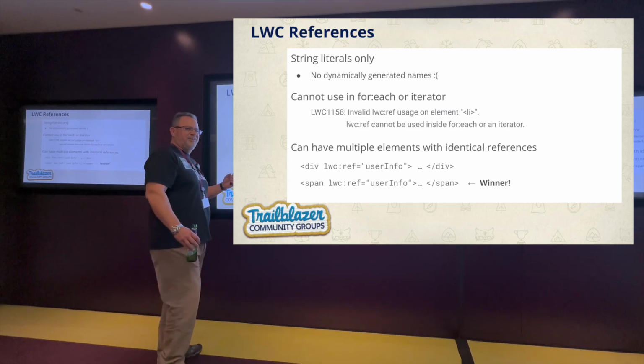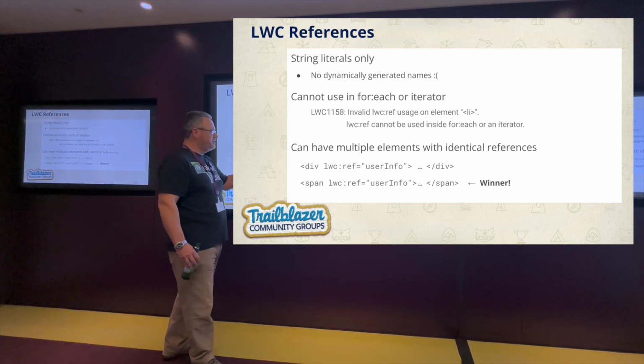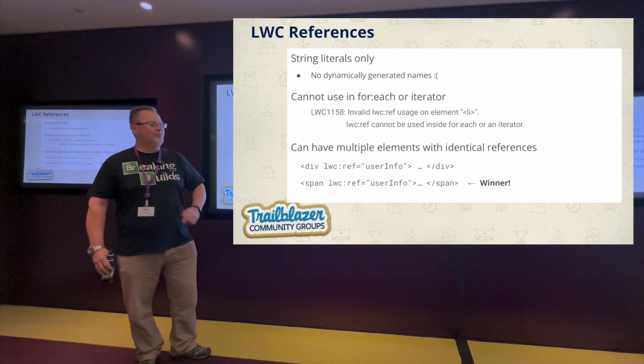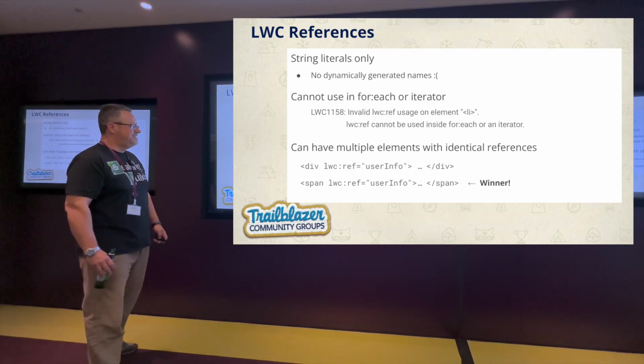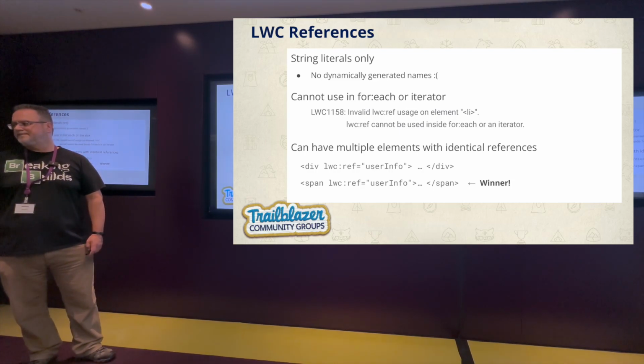The other thing is that you can have multiple elements with the same reference in it. So I can use userInfo twice, and that one will win because it was the last one it came across. Awesome. So they snatched defeat from the jaws of victory there. There is a workaround, though. If you are inserting your DOM from your JavaScript, you can do it with an iteration or a count.